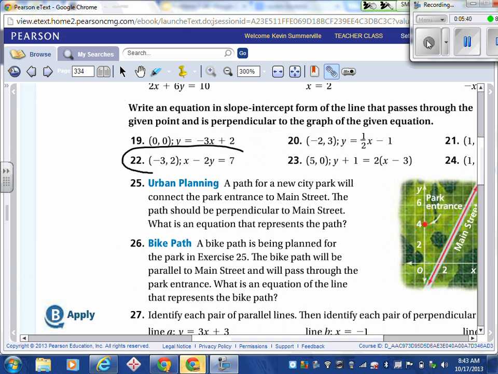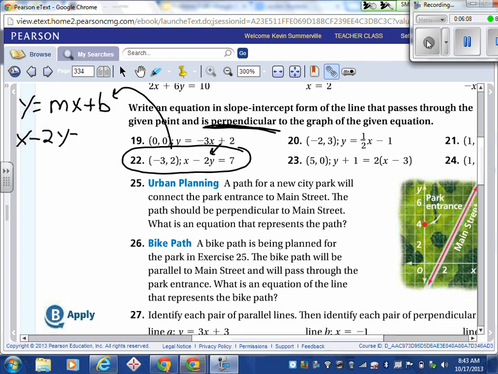Let's take a look at question number 22. Looking at this question, how it is right now, I need to get the y by itself. I need to change it into y equals mx plus b before I find out what is perpendicular. I'm just going to show you the first steps on how to change a problem back to y equals mx plus b. So when I start with x minus 2y equals 7, I need to get the y by itself, so I need to minus x from both sides.